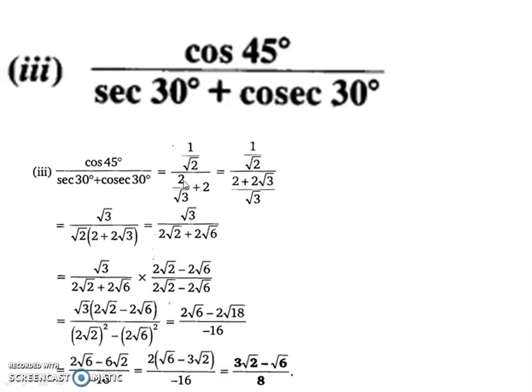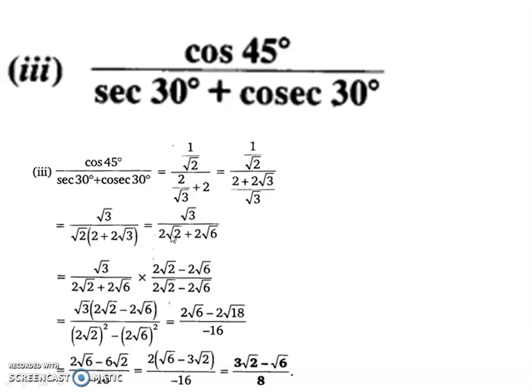Now, students, listen here. In the denominator you have a fractional addition, 2 by root 3 plus 2. Here I am multiplying the entire equation by root 3. So, root 3 by root 2 into 2 plus 2 root 3 is equal to root 3 by 2 root 2 plus 2 root 6.